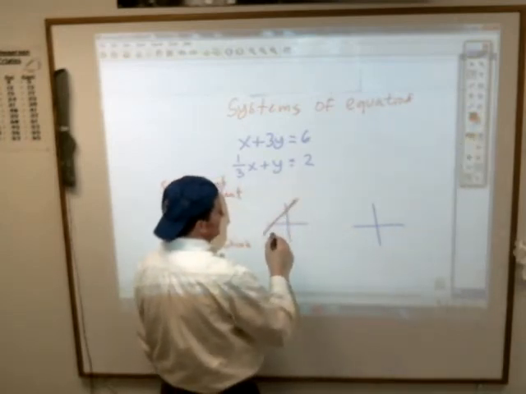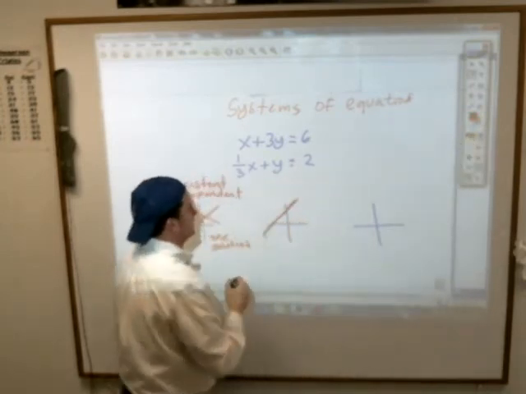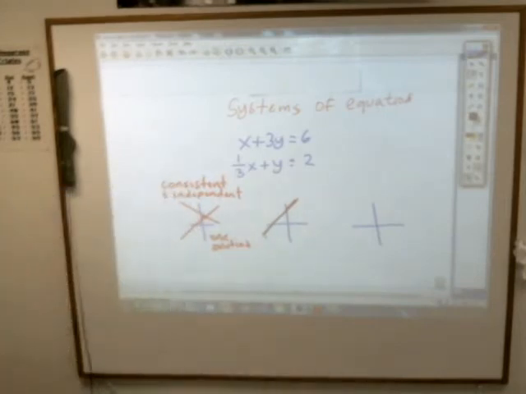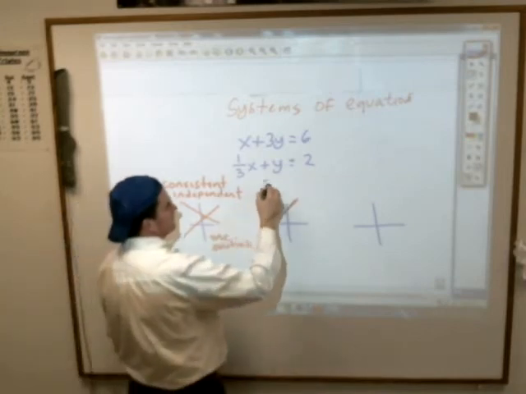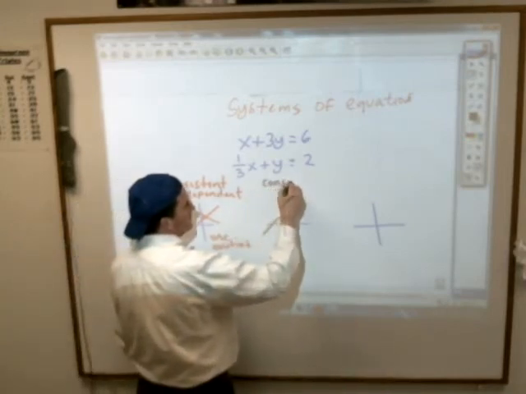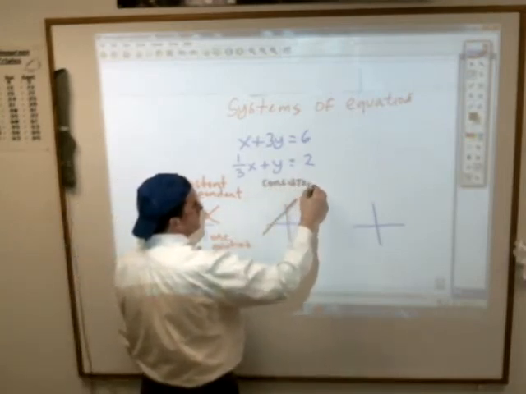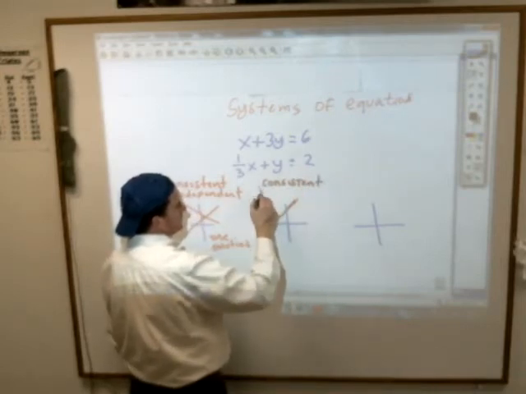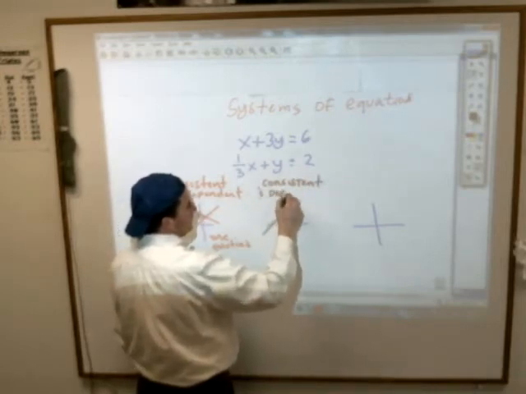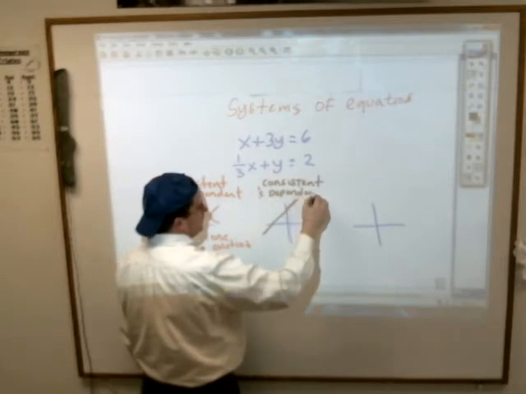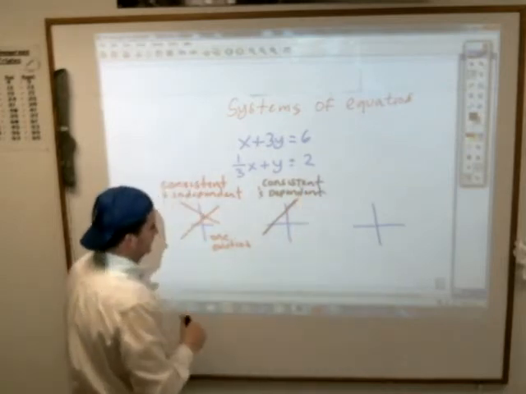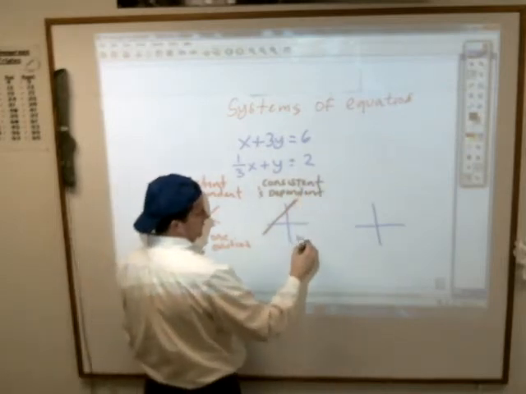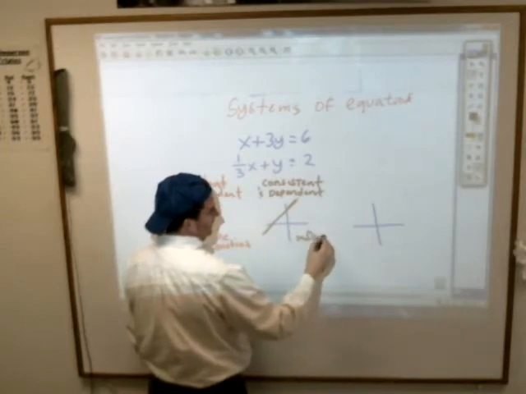Okay, on top of each other. If it's the same line, it's called consistent and dependent. In this case, you have an infinite amount of solutions because anything on that line is a solution.